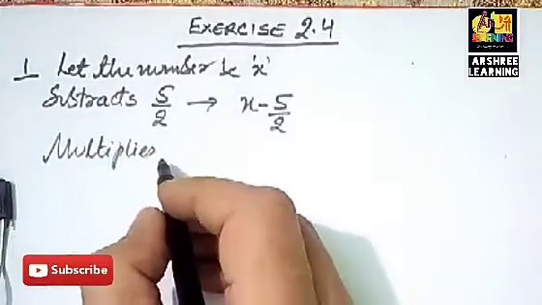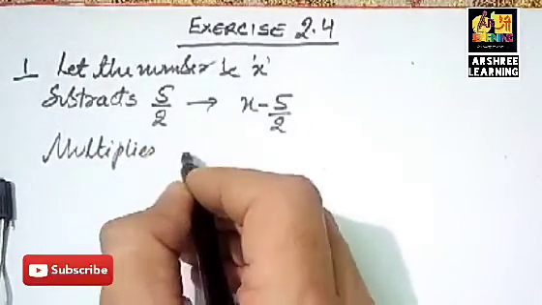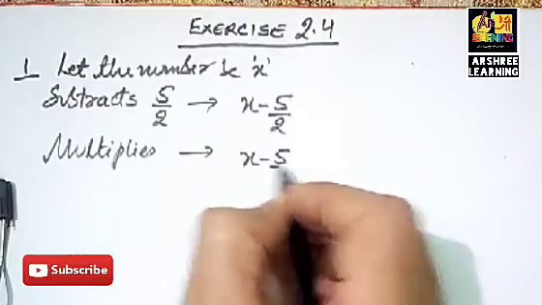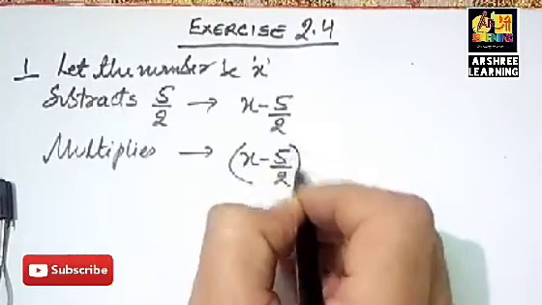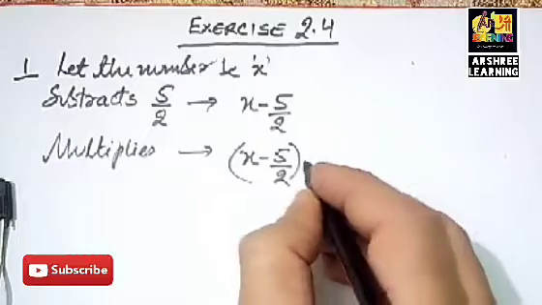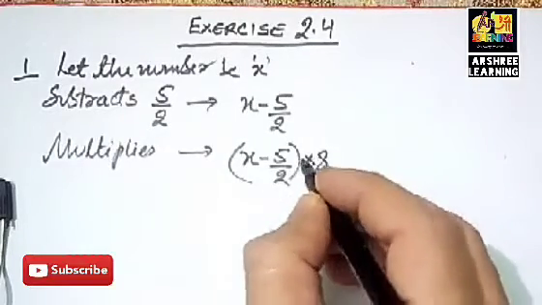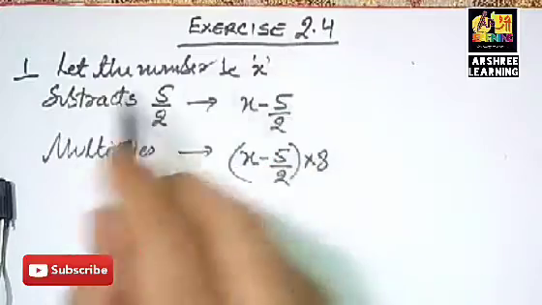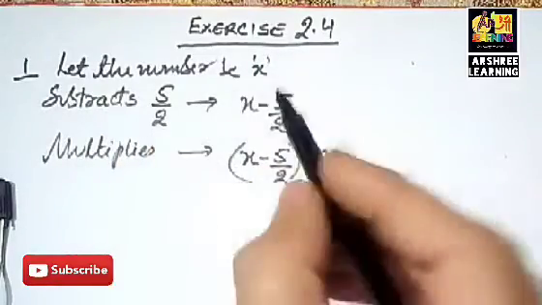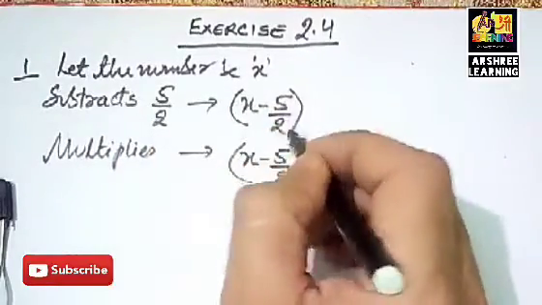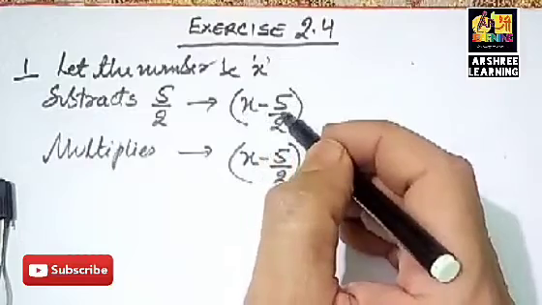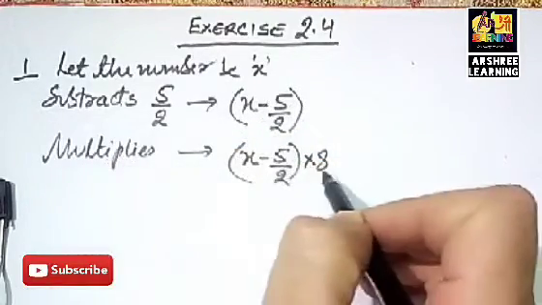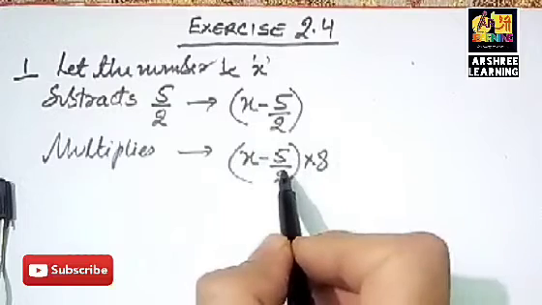So whatever is the answer of x minus 5 upon 2, it is multiplied by 8. So this becomes the first part: let the number be x. She subtracts 5 upon 2 from it, therefore x minus 5 upon 2. Then you multiply the answer of this by 8.